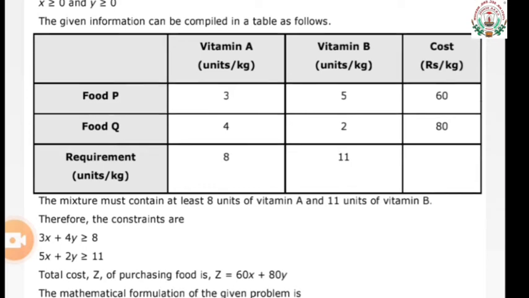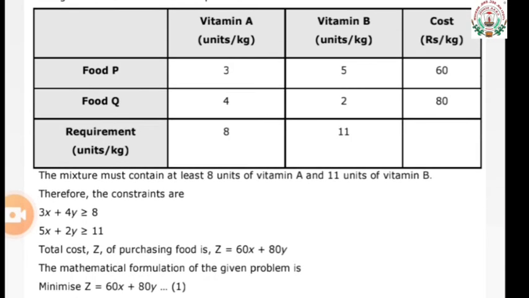And our objective function will be cost z equals 60x + 80y.